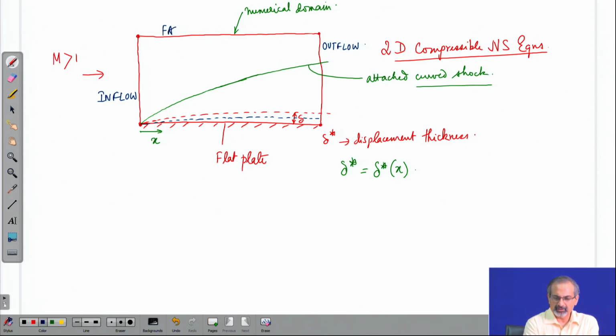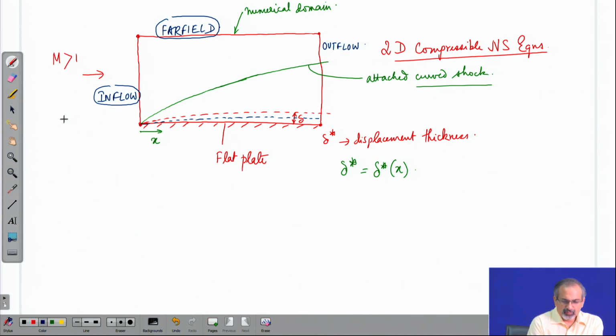This we will call as far field, as long as we keep it quite some distance away from the plate in terms of the boundary layer thickness. So, the diagram shows that it is about 8 to 10 times larger a distance than the boundary layer thickness, maximum value of boundary layer thickness, which is towards the outflow plane of the problem. You can call this as a far field, and the conditions over there would be very similar to that you have at the inflow.